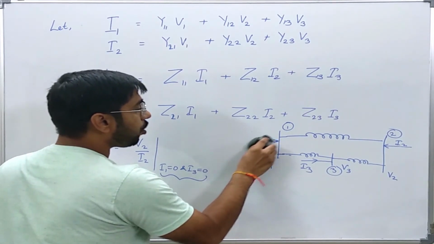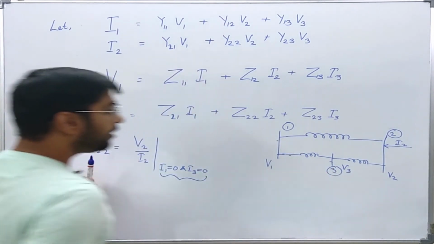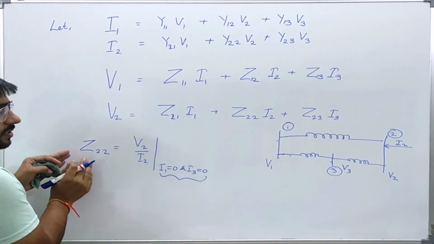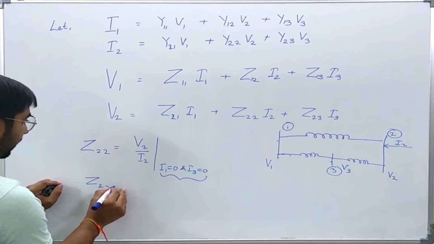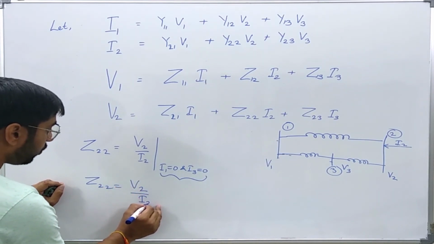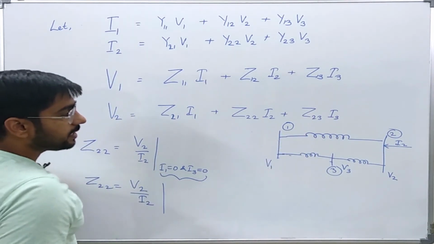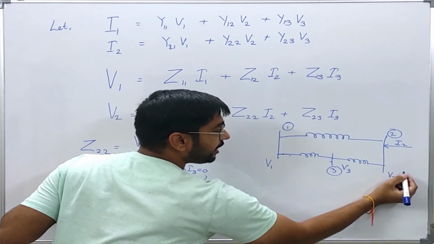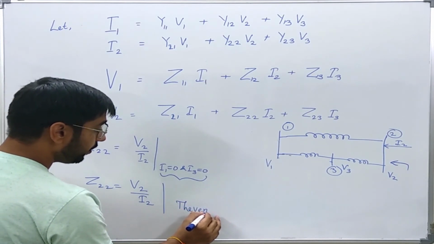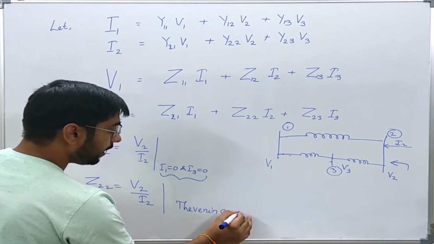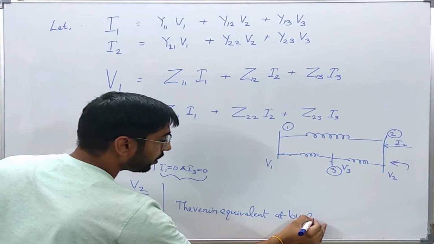So if I open this and open this, then we will be able to find Z22, which will now be nothing but the ratio of V2 over I2, and since I have inactivated all the sources, it is nothing but the impedance seen from the bus 2, or the Thevenin equivalent impedance at bus 2, or seen from bus 2.